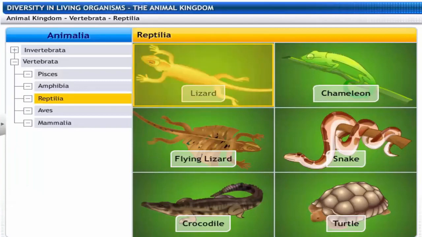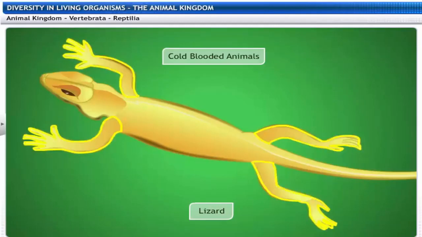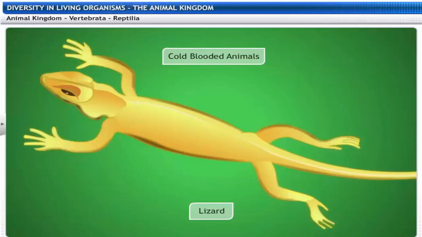Reptilia includes lizards, chameleons, flying lizards, snakes, crocodiles and turtles. Reptilia are cold-blooded animals and are terrestrial in habitat. They have 4 limbs with 5 fingers or toes, and hence they are called pentadactyl tetrapods.